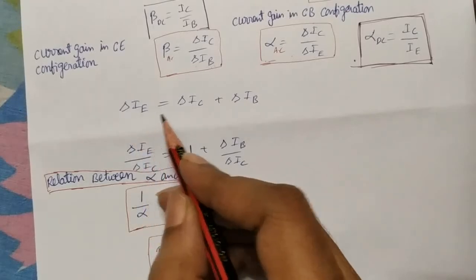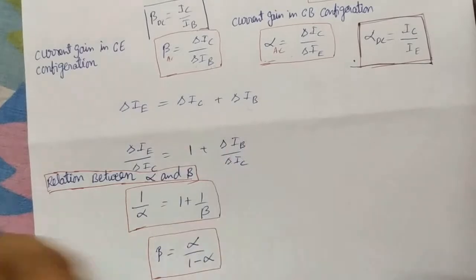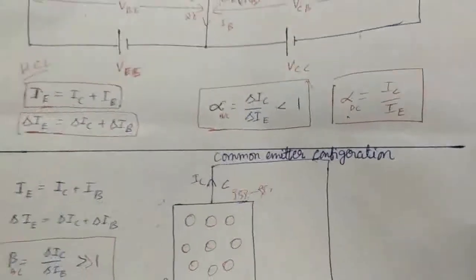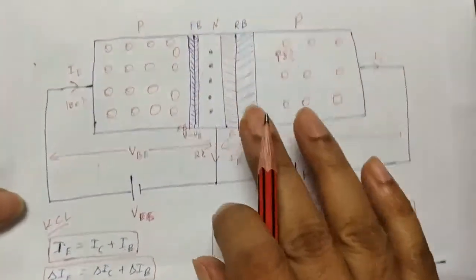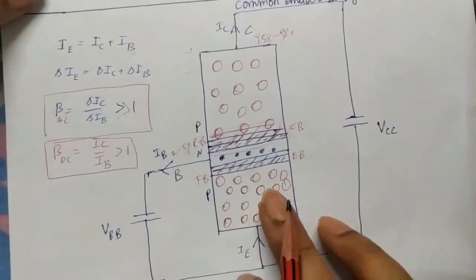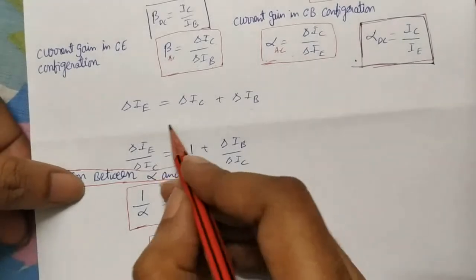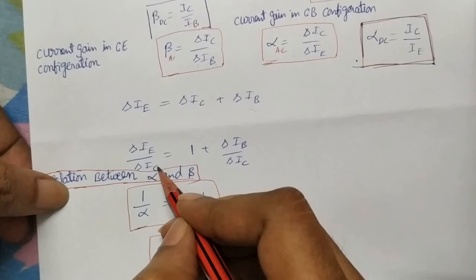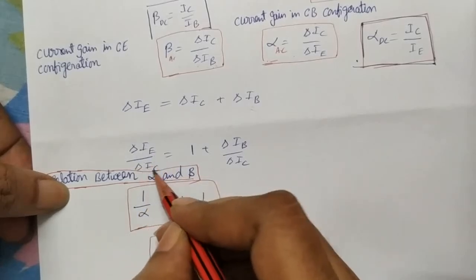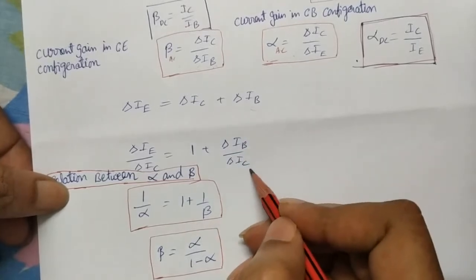Change in emitter current is equal to change in collector current plus change in base current. Why? Because in any type of configuration, IE is equal to IC plus IB, in common base configuration and common emitter configuration also. So we can write delta IE is equal to delta IC plus delta IB, and dividing both sides by delta IC, delta IE by delta IC is equal to delta IC by delta IC plus delta IB by delta IC.